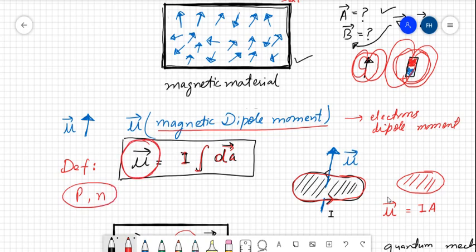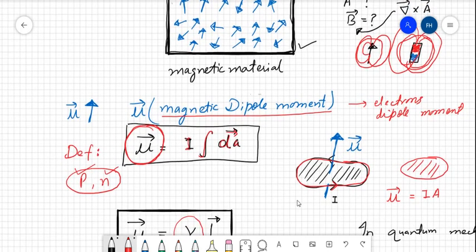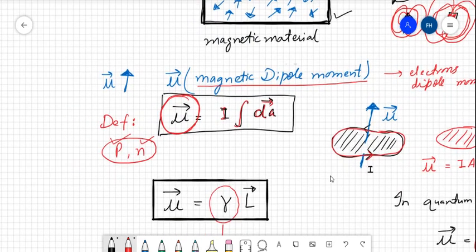Right now you just have to remember that we'll be only discussing the dipole moments of electrons. Before that we want to find the relationship between the angular momentum and the dipole moment.